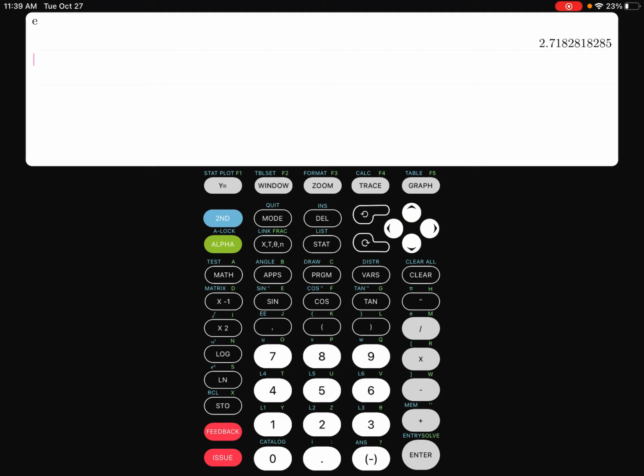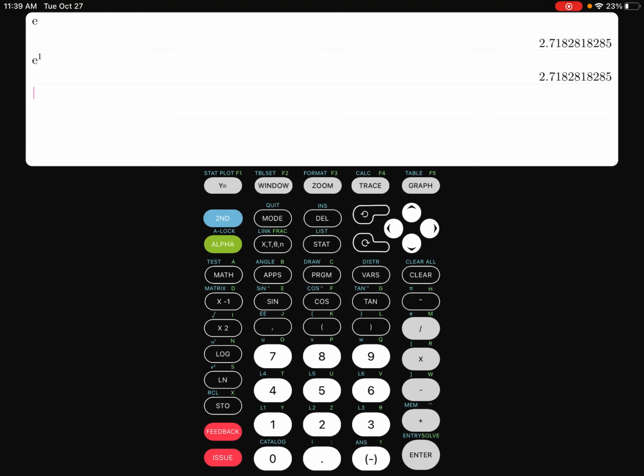There's another place, and it is on the left column on the ln button, second ln, and then you have to put in an exponent of 1 and you'll get 2.718. So there's two places on the calculator where you can do it, and I don't have a cursor to show you where they are.